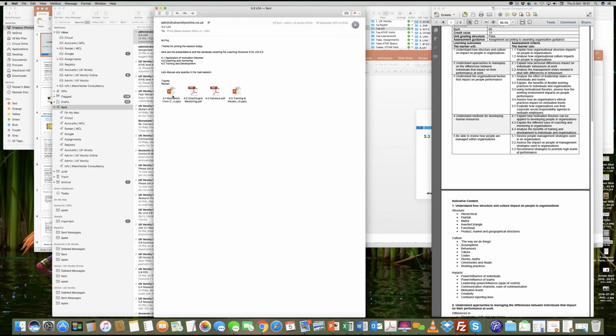Looking at the learning outcome 4 for unit 5.3, managing people, people management. I don't have that one. Is it 4? Yes, it is unit 5.3, people management. 5.3.